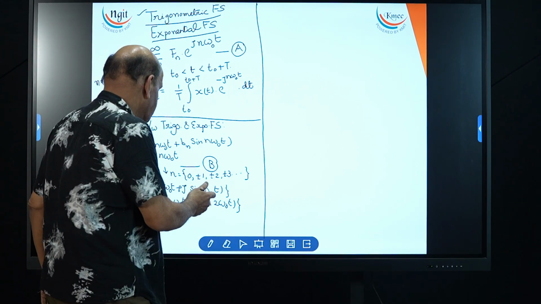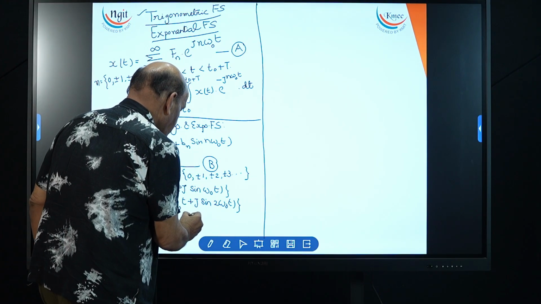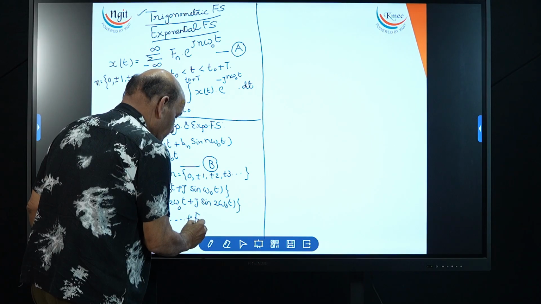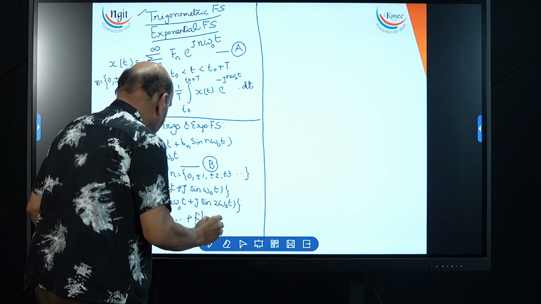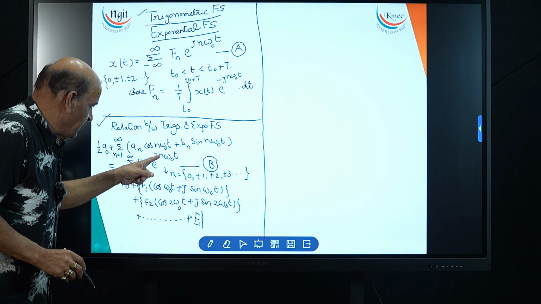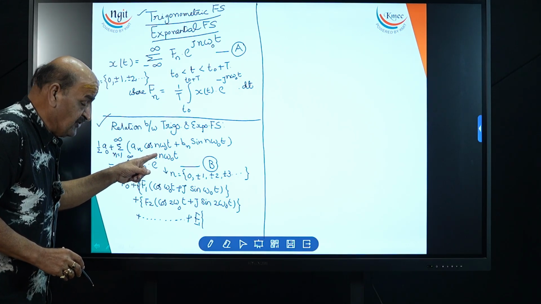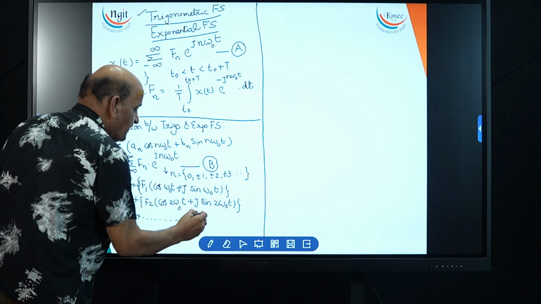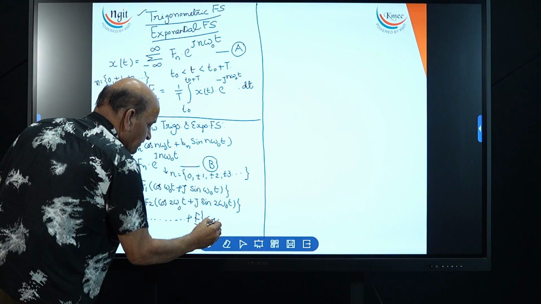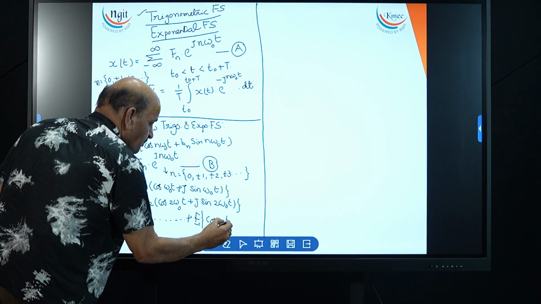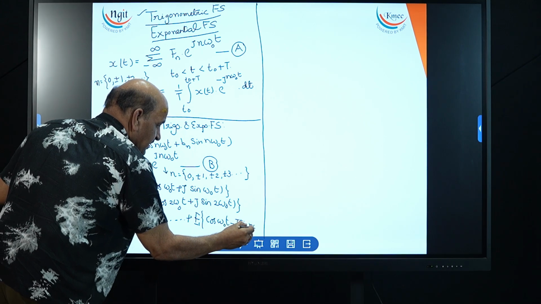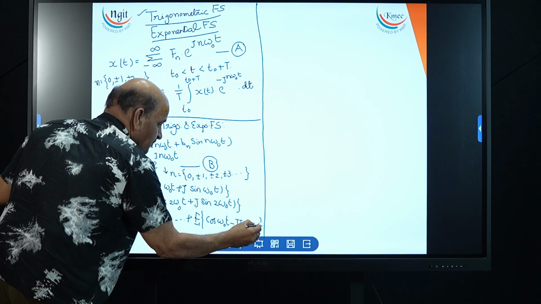Now, in this expansion, plus n equal to minus 1. So this is F of minus 1, suffix minus 1, e power minus j theta, that is equal to cos omega naught t minus j sin omega naught t.